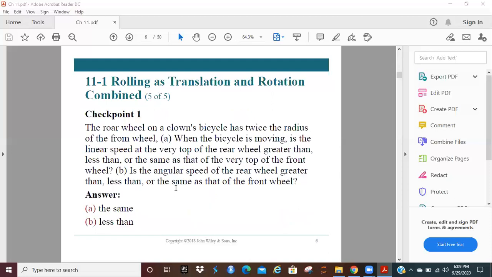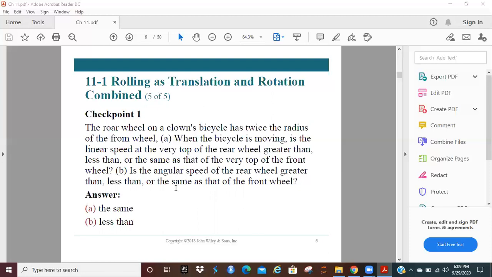So the rear wheel on a clown's bicycle has twice the radius of the front wheel. I think that's supposed to be rear wheel and that's supposed to be front wheel, so we've got some typos in here.